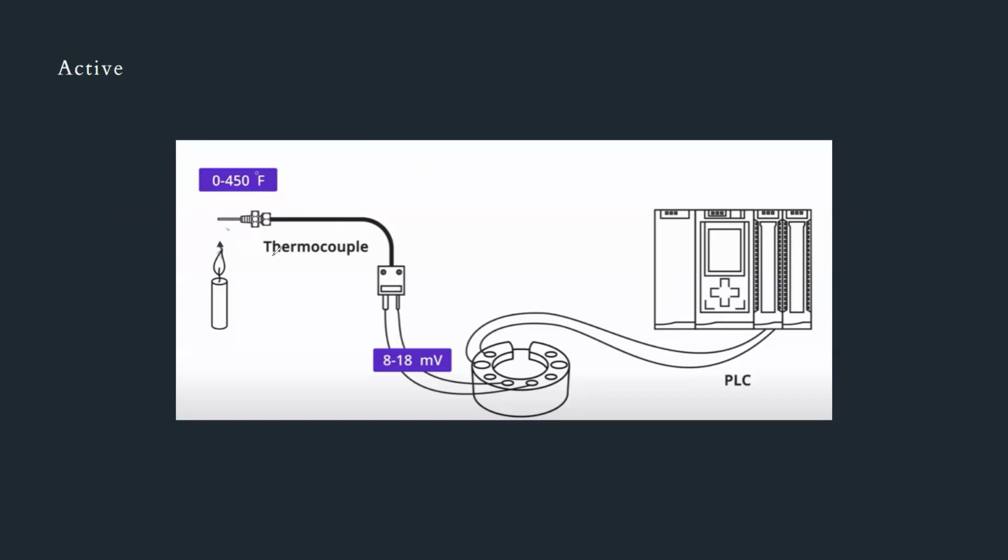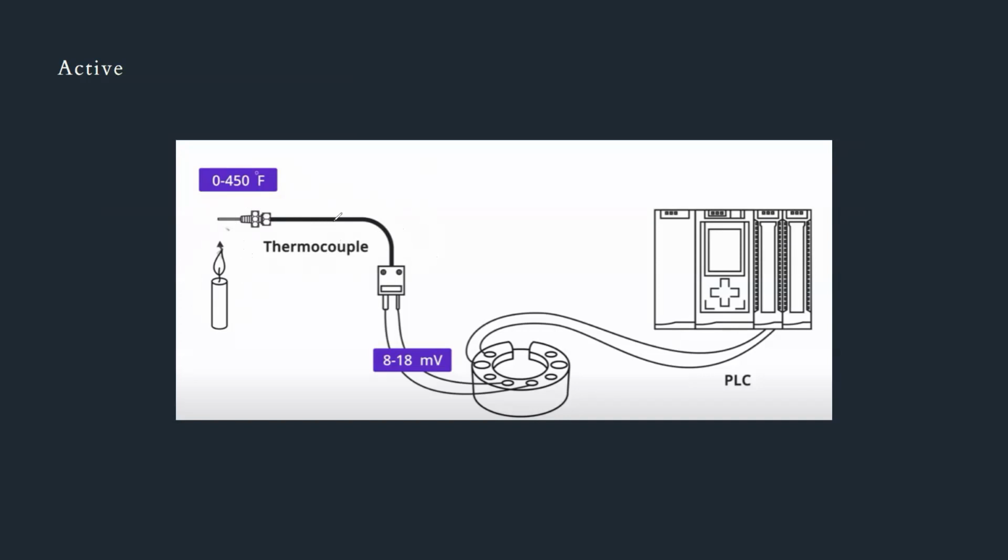So the thermocouple is one of the examples of the active sensors. The thermocouple is a sensor which can measure the temperature of the surrounding environment, and based on the temperature in the environment, it can give an output voltage that is related to the temperature, or that linearly varies with the temperature.